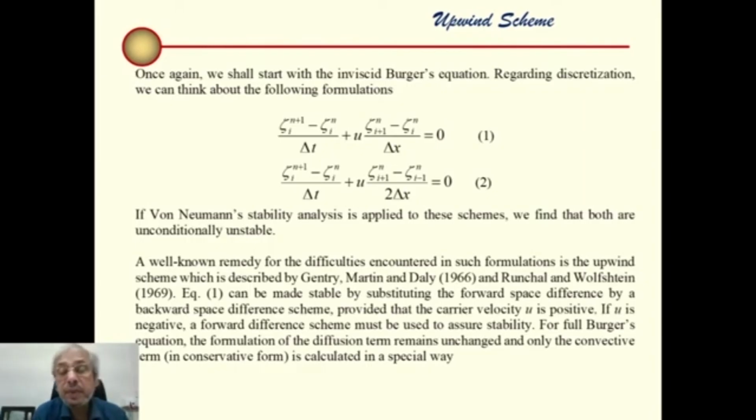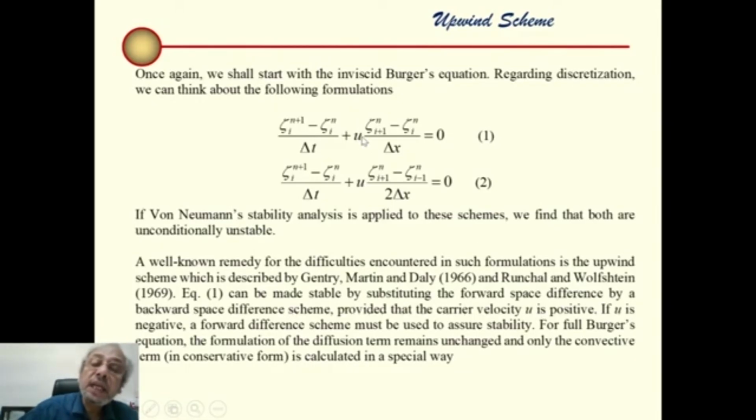Now they found out that a very efficient way to get such derivatives stabilized is the following: equation 1 can be made stable by substituting the forward space difference by a backward space difference scheme, provided the carrier velocity is positive.